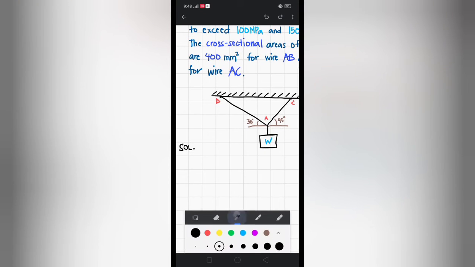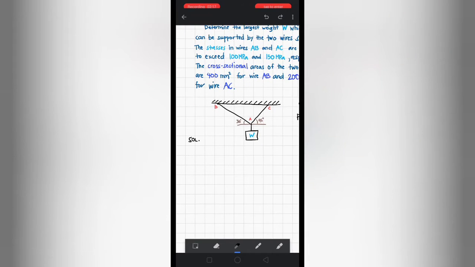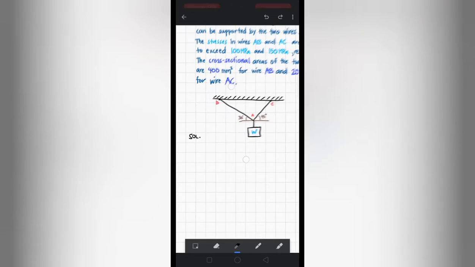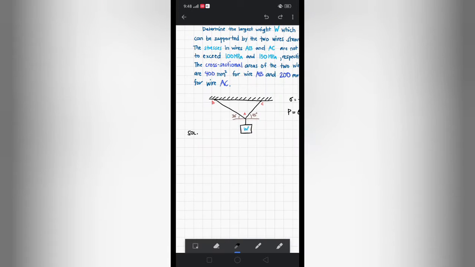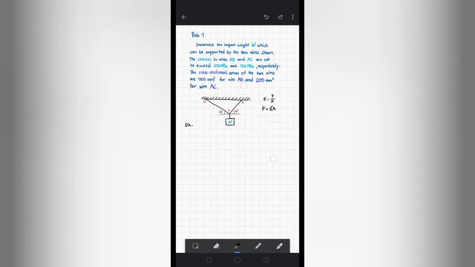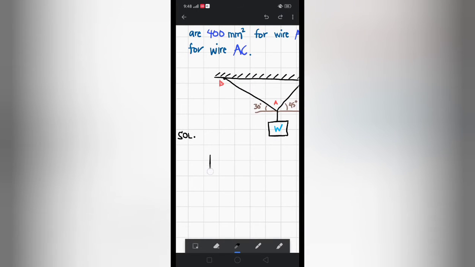So to solve for this one, we will first find the forces in wires AB and AC in terms of the weight. To do that, we have 3 options.